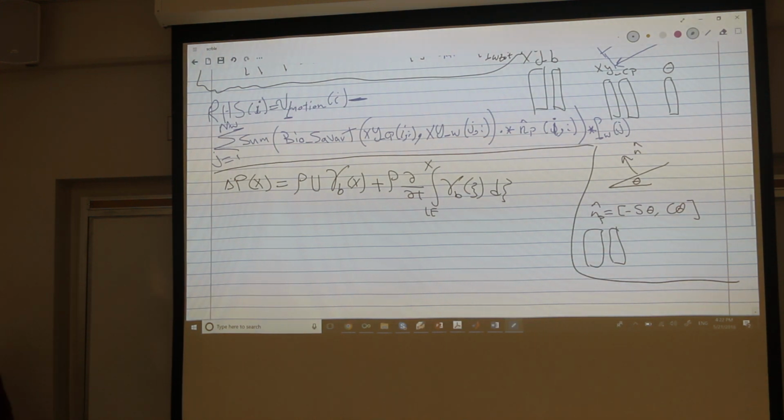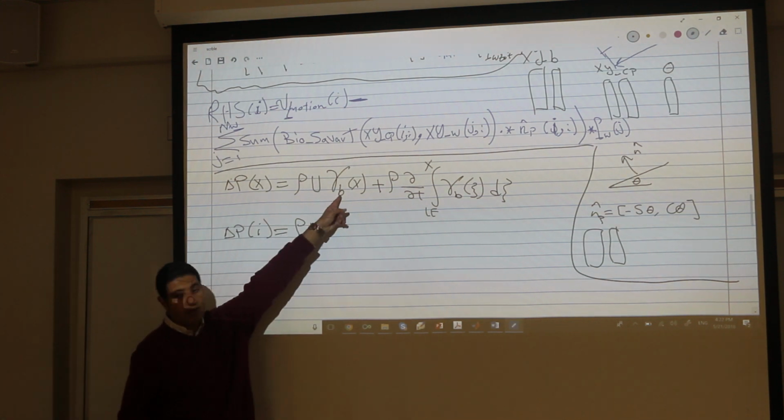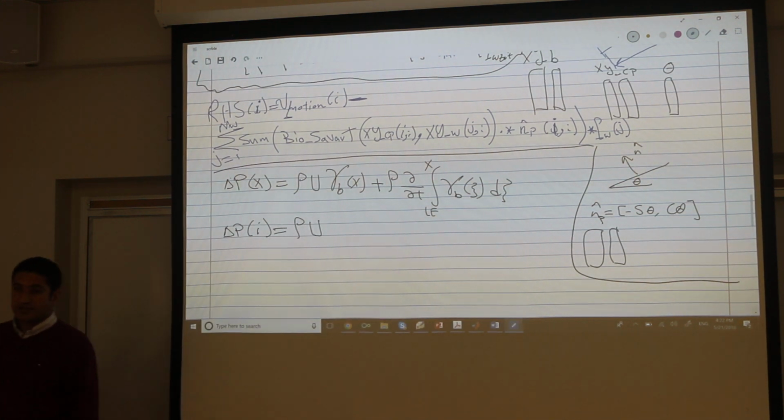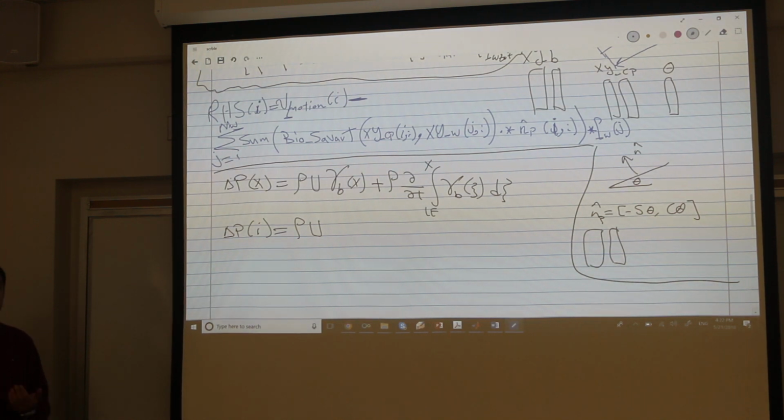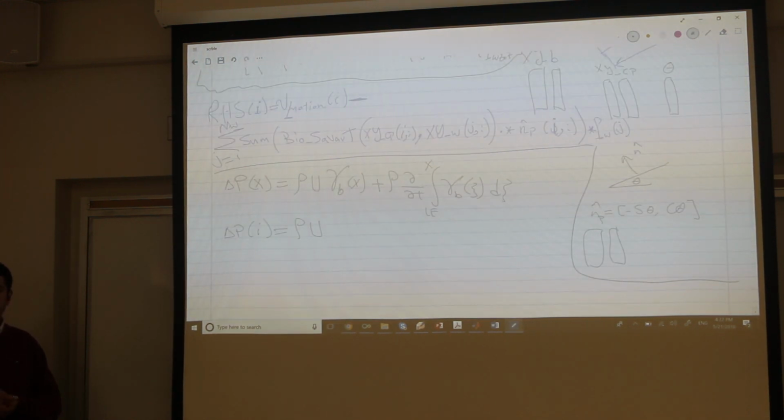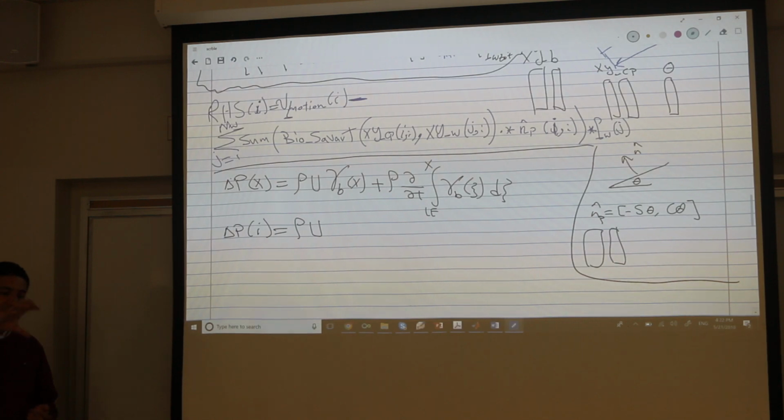Okay, let's apply it. So delta P at a panel i equals what? Rho U times what? Can you get me this guy? This is the circulation distribution, circulation per unit length. We have gammas at each panel. So how do you get the distribution?